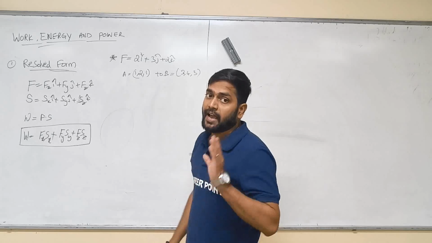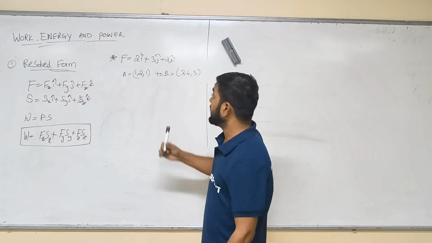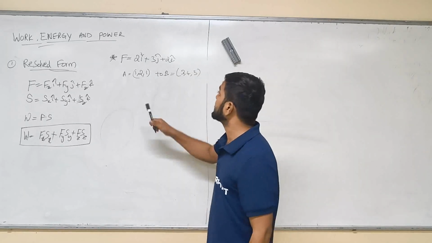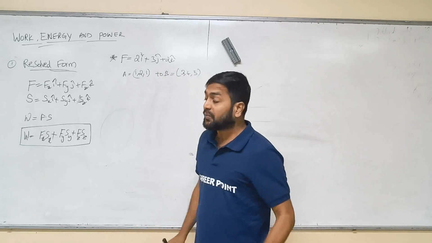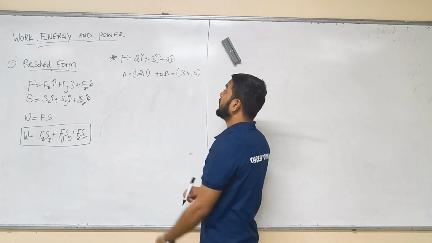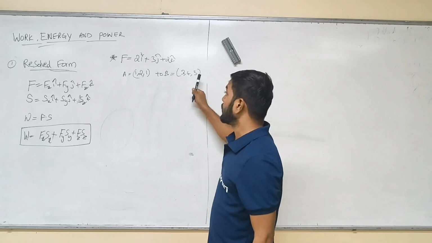Okay, so then what is happening? An object is acted on by the force of 2 i cap plus 3 j cap plus 2 k cap from 1, 2, 1 to 3, 4, 3.